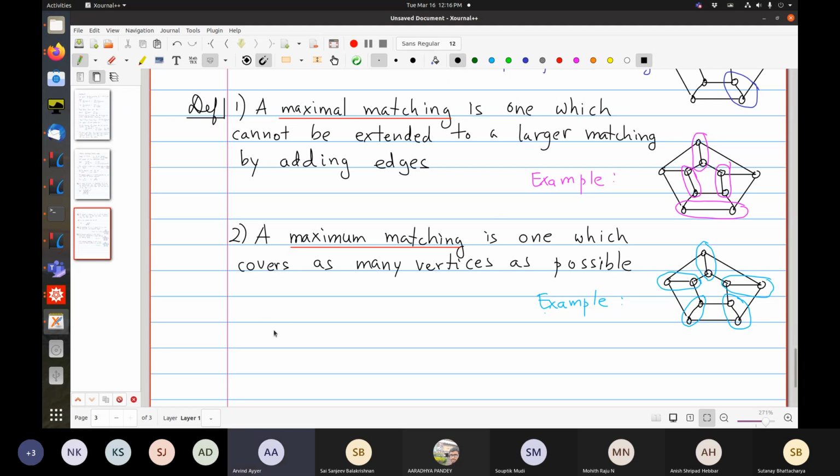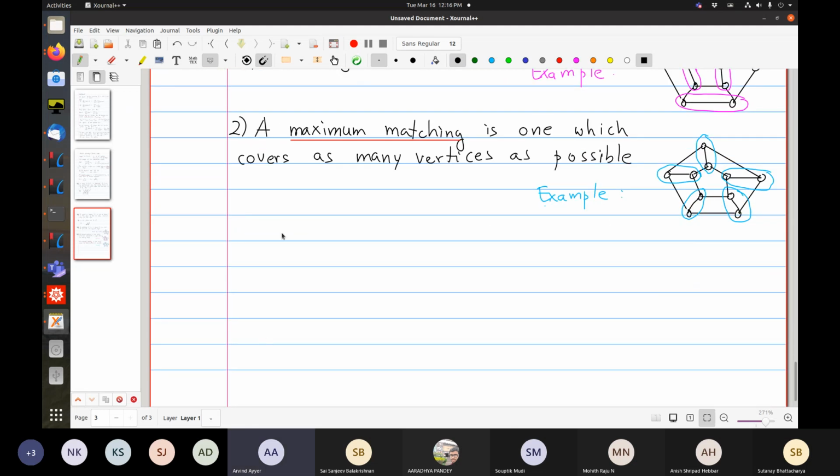And the last and most important for us. Remember that in a general graph, even the maximum matching need not match all vertices. But what we are going to be interested in is a perfect matching. It's also called a one-factor.